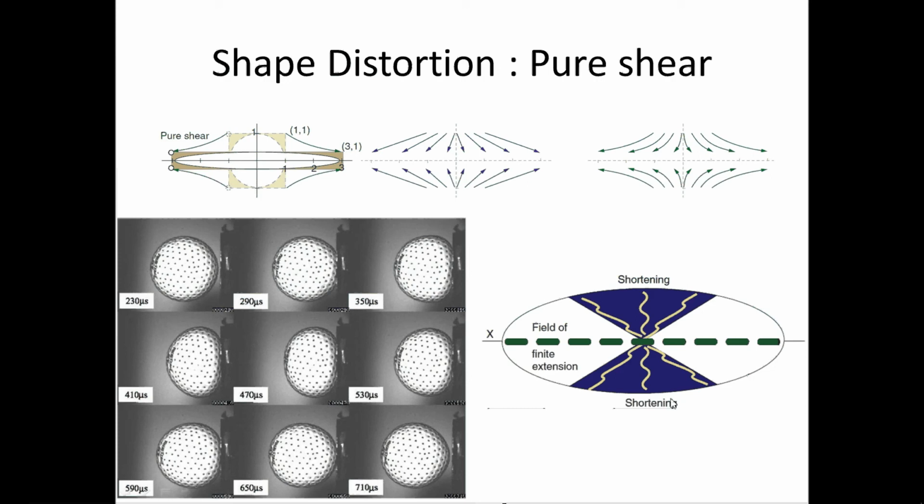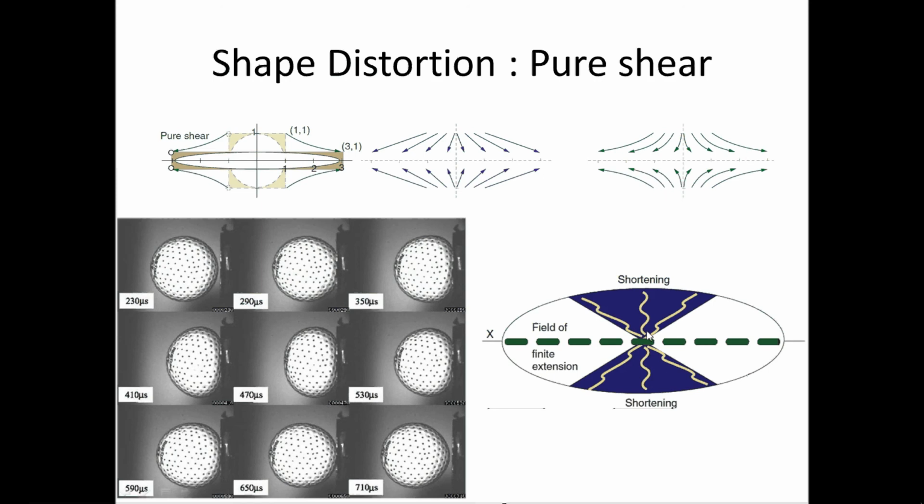This can be shown with the help of this diagram here. This blue color indicates the regime of shortening, while the white field shows the regime of extension. The maximum shortening will be parallel to this axis 1, so this is the axis of maximum shortening.